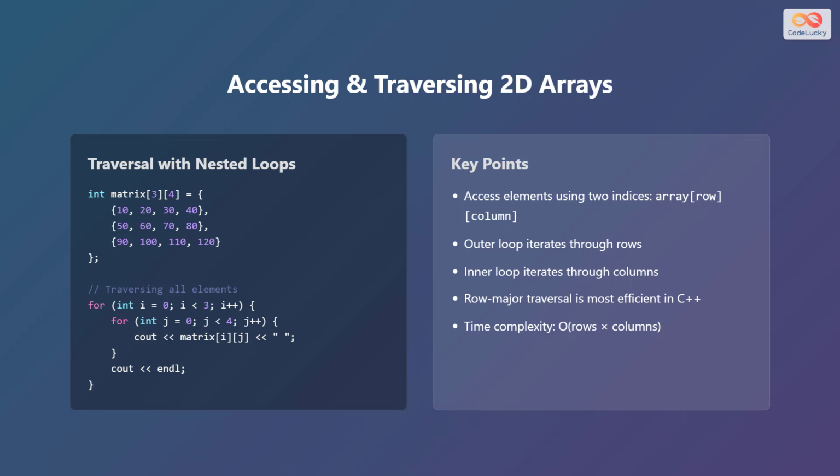Let's explore how to access and traverse 2D arrays in C++. To traverse all the elements in a 2D array, we typically use nested loops. The outer loop iterates through the rows, while the inner loop iterates through the columns.